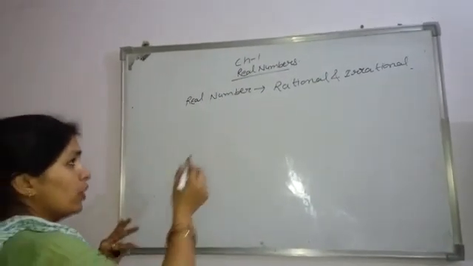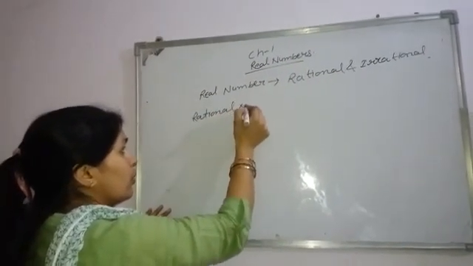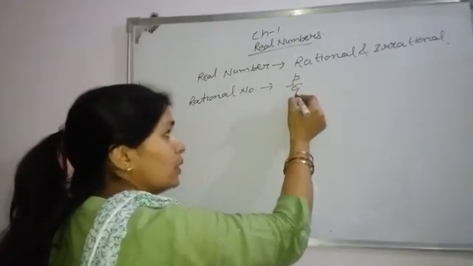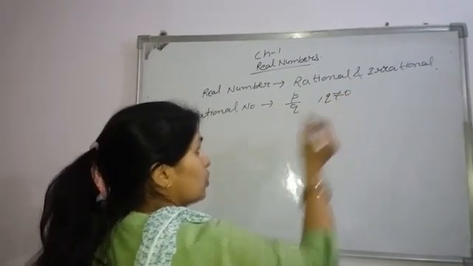Now first one is the rational. A rational number is a number we can express in the form of P upon Q, where Q is not equal to 0.